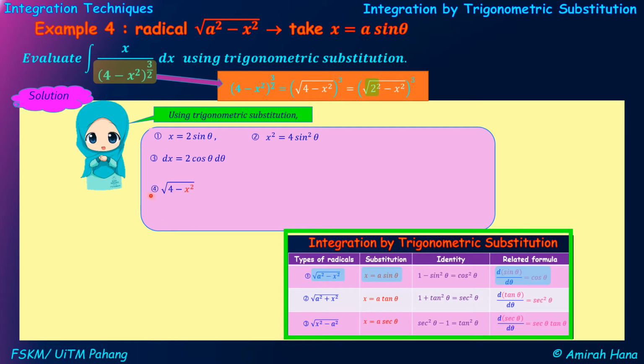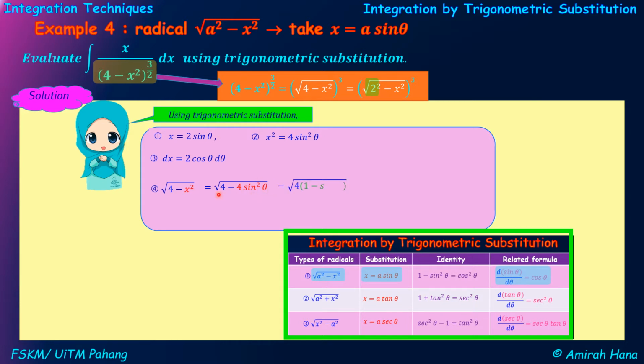After that, step 4, we need to eliminate the radical square root of 4 minus x squared. Since (4 minus x squared) to the power of 3 over 2 can be written in the form of a radical, we need to eliminate the radical of 4 minus x squared. It equals 4 minus, where we replace x squared with 4 sine squared theta, under the square root.